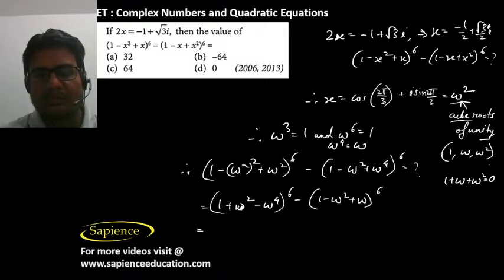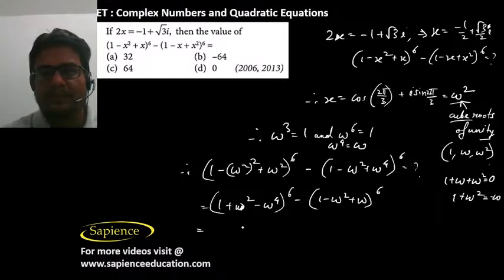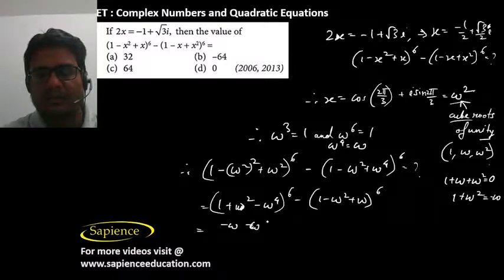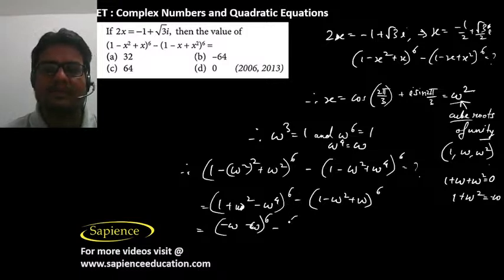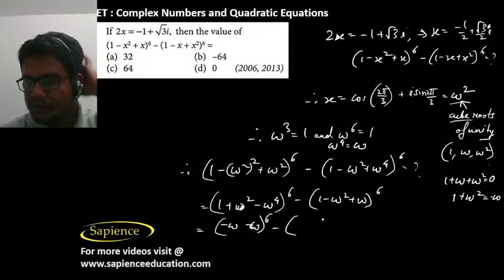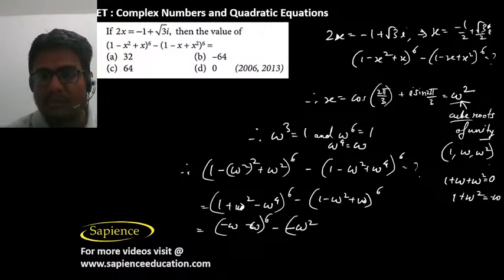So 1 plus omega square we can write as minus omega, and this is also minus omega whole power 6 minus, this is 1 plus omega, that is omega square, so this is minus omega square, whole power 6.